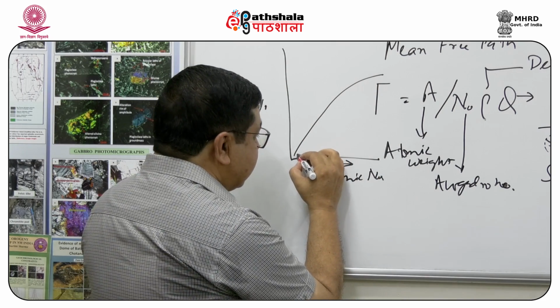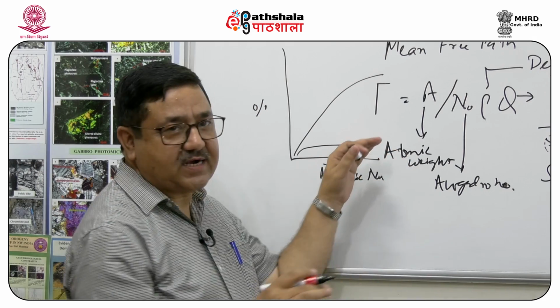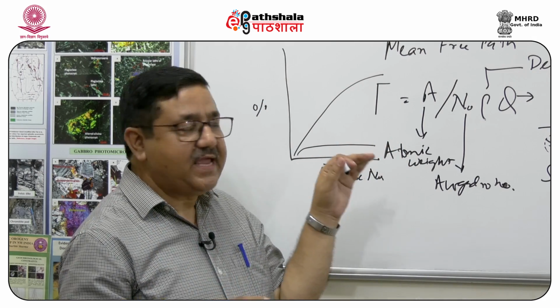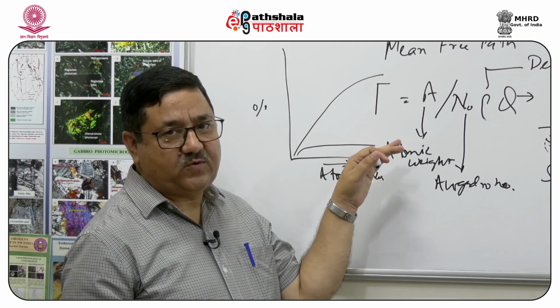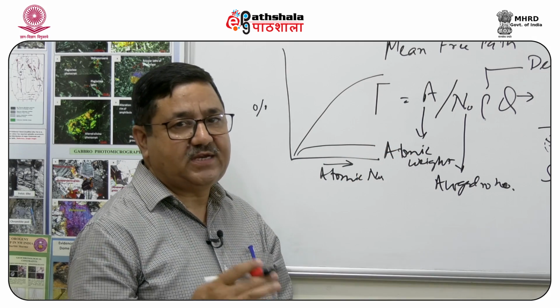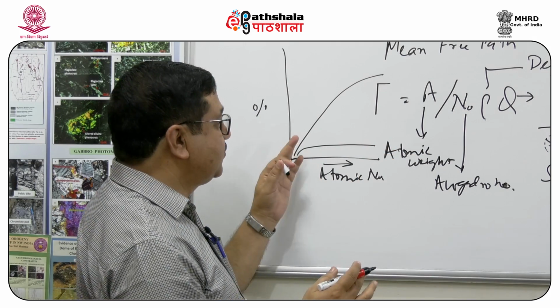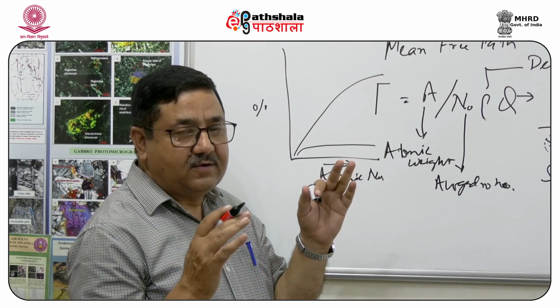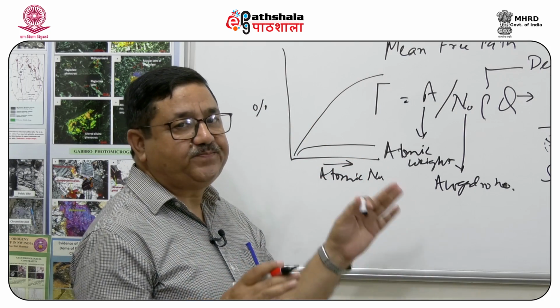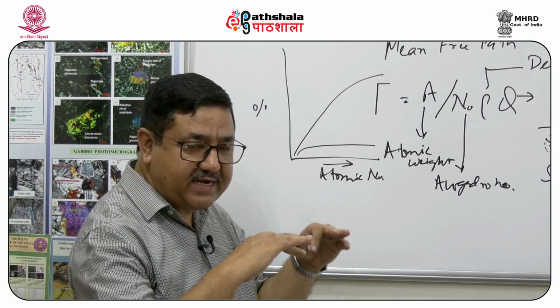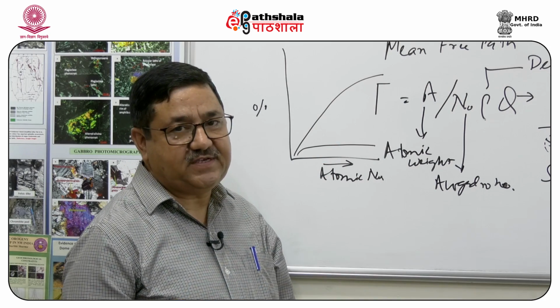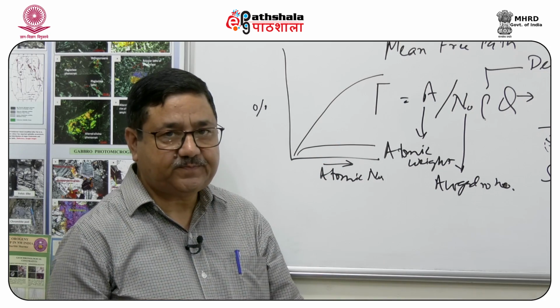But the secondary electrons production is generally lower and like a plateau, it does not increase with increasing atomic number. So, it does not distinguish the atomic number, but it describes the surface features very nicely.